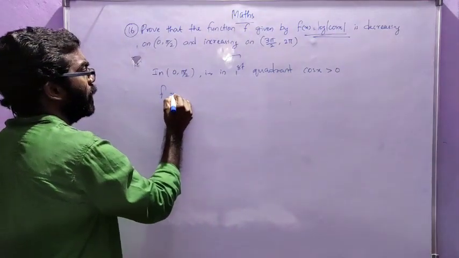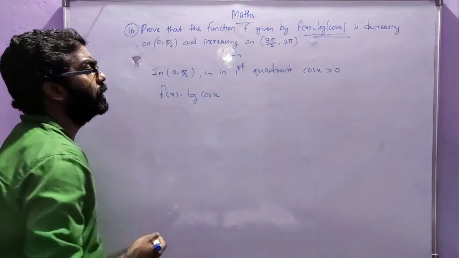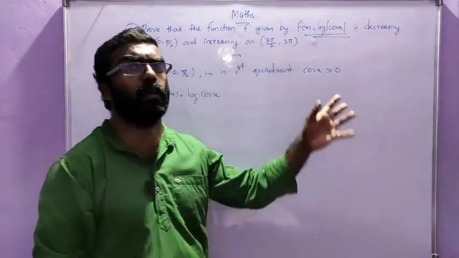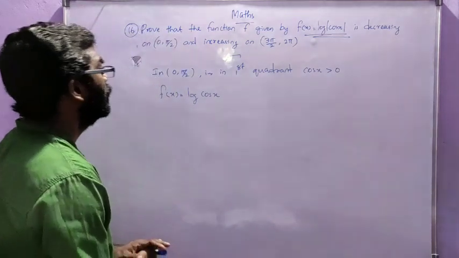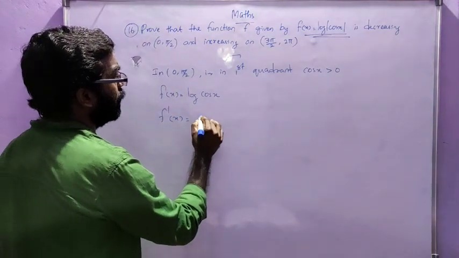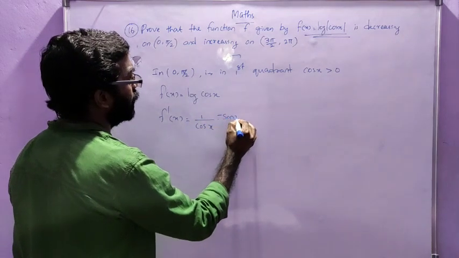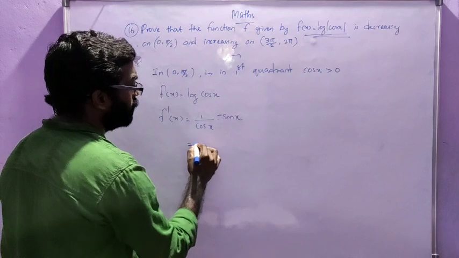So f of x can be written as log cos x, since cos x is greater than 0 in the first quadrant. And we can take the derivative: f dash of x equal to 1 by cos x into the derivative of cos x, minus sin x. So it becomes minus tan x.